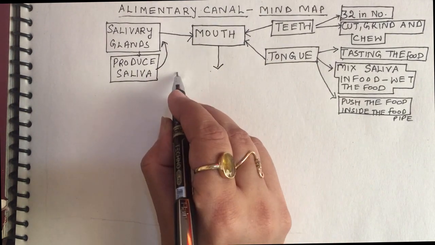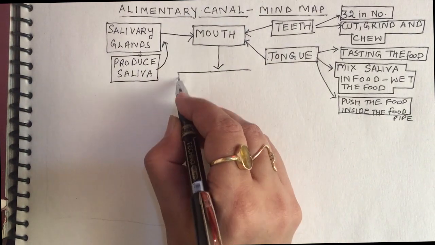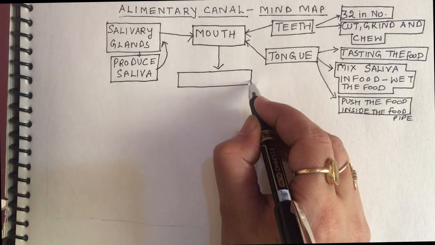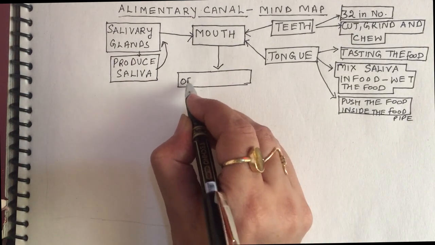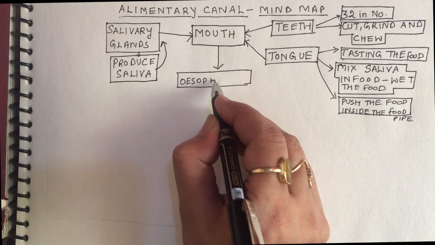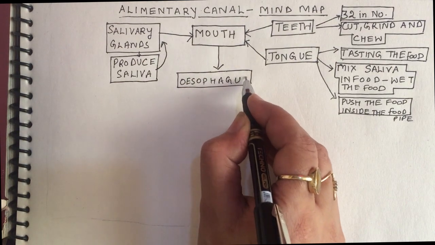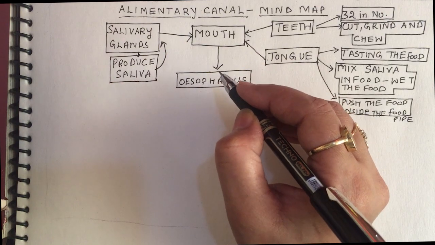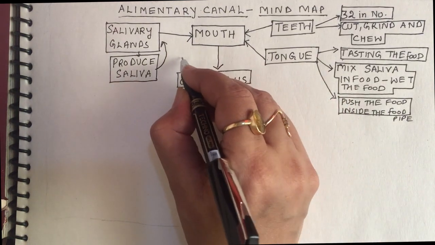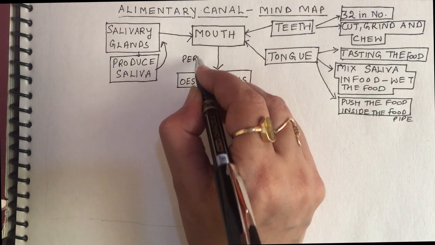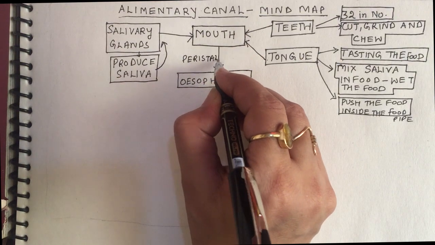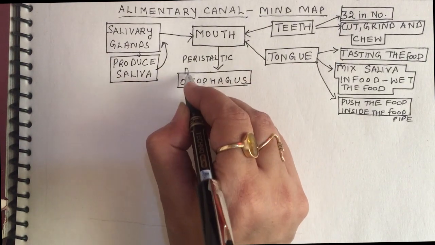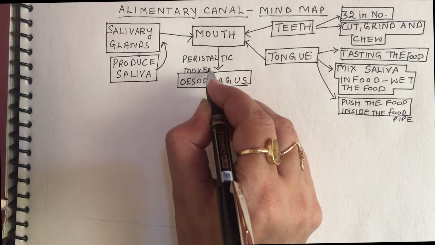Now the food then enters into food pipe, which is also known as esophagus, and the movement of food in esophagus is known as peristaltic movement.